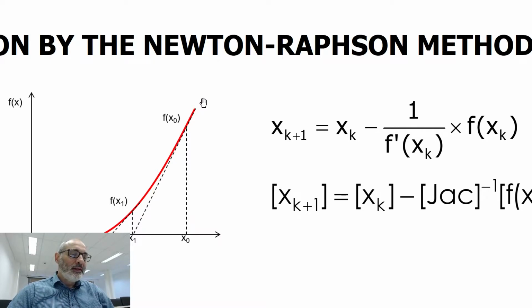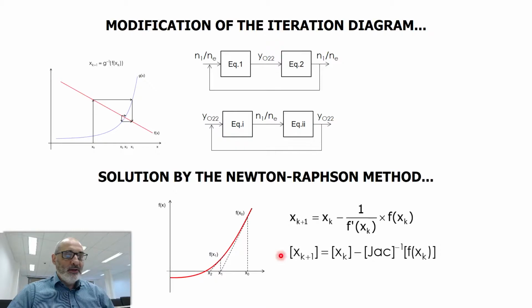Then you calculate the tangent line, and the root of the tangent straight line is your next x. Then you repeat the process. Calculate f1, calculate the tangent straight line, and the root of the straight line is your next x. So it's a very simple method.